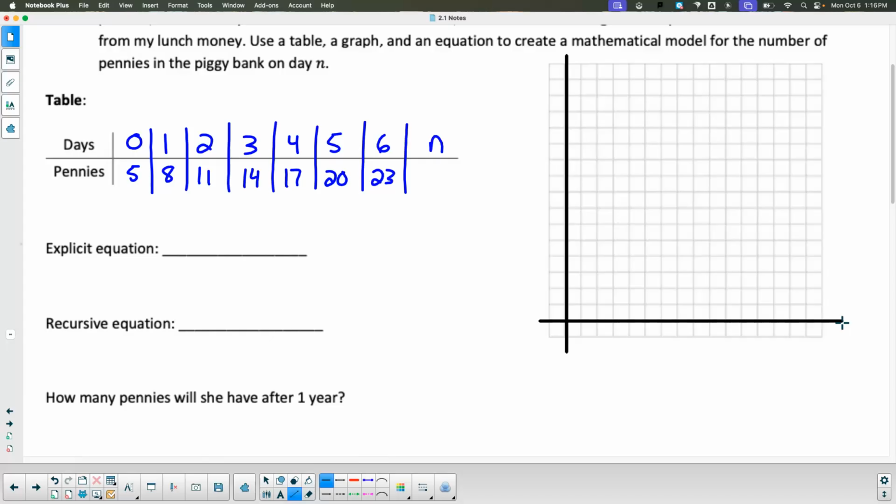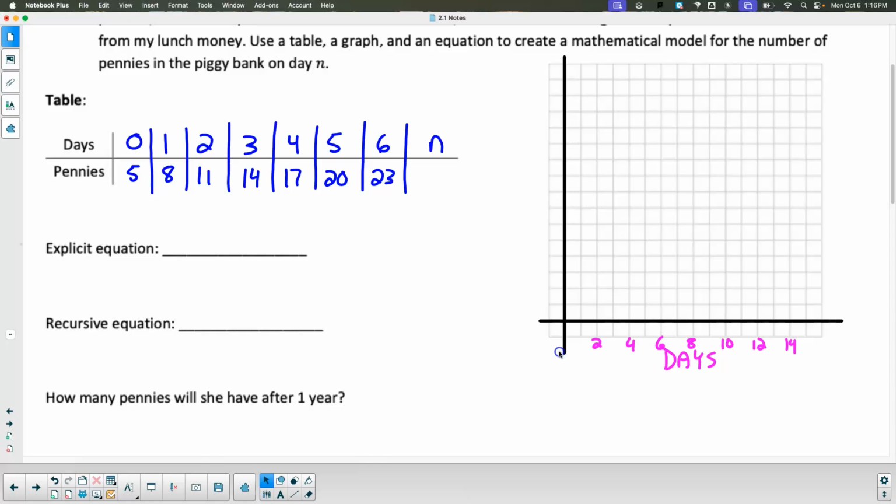But people always say straight lines. Okay? So let's go. We want to go days on the bottom or days on the side? Days on the bottom. Which means we're going to do what on the side? Pennies. Number of pennies.